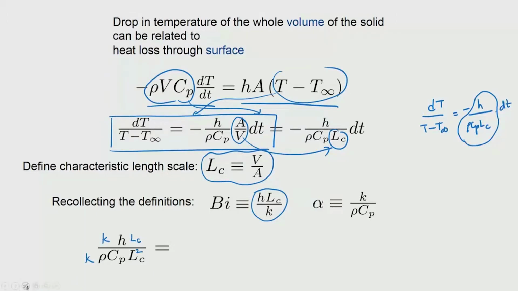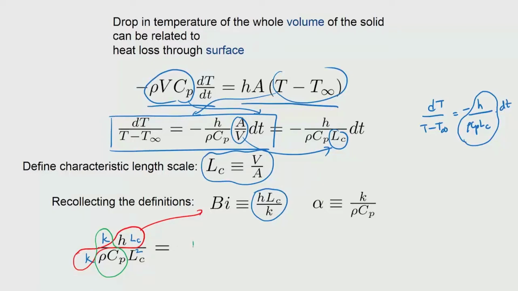So, once we do that, we recognize that there are some terms that we could gather. So, we see that h Lc by k has come out, and we also see that one more expression is coming out, k by rho Cp, which is alpha. So, you could see that the Biot number is there, alpha is there.